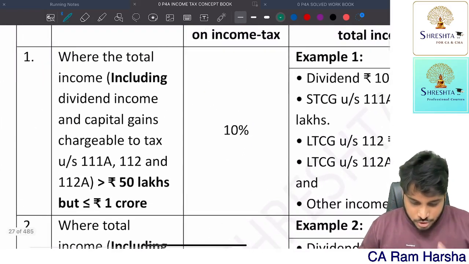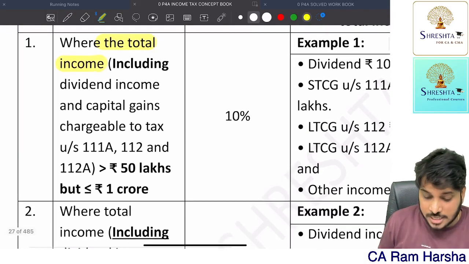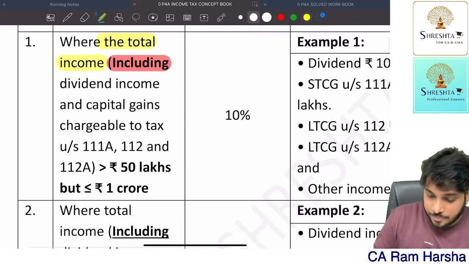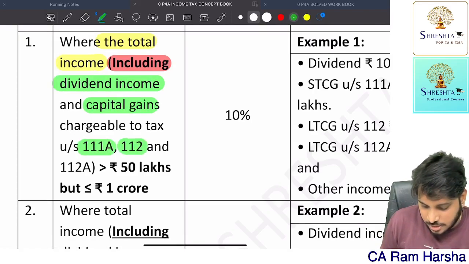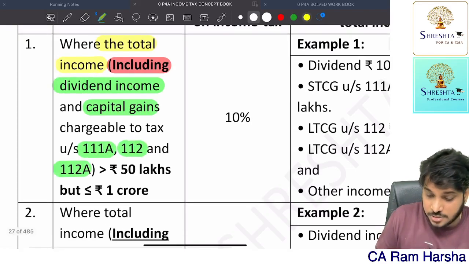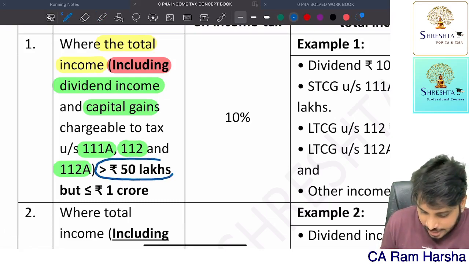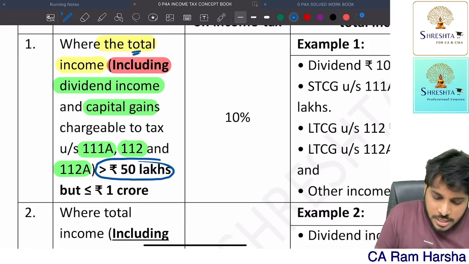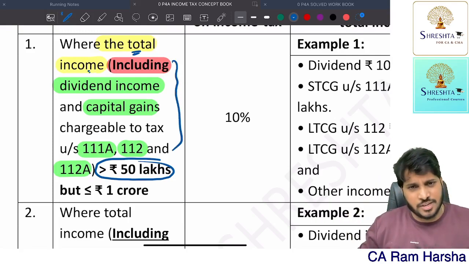Now suppose the total income of the individual, including dividend income and capital gains taxable under all this, getting it?